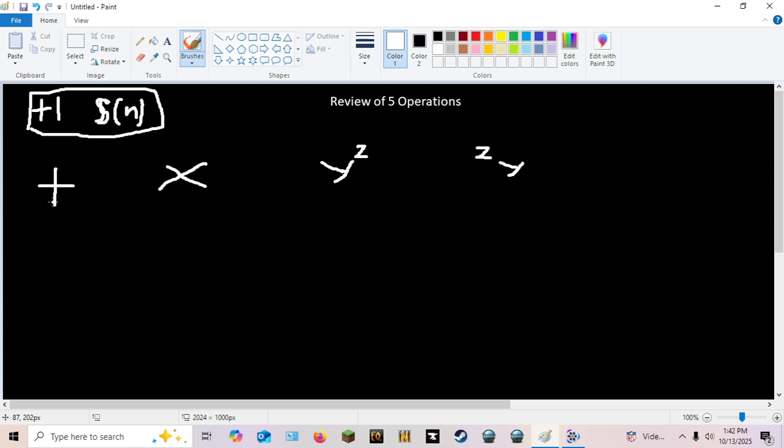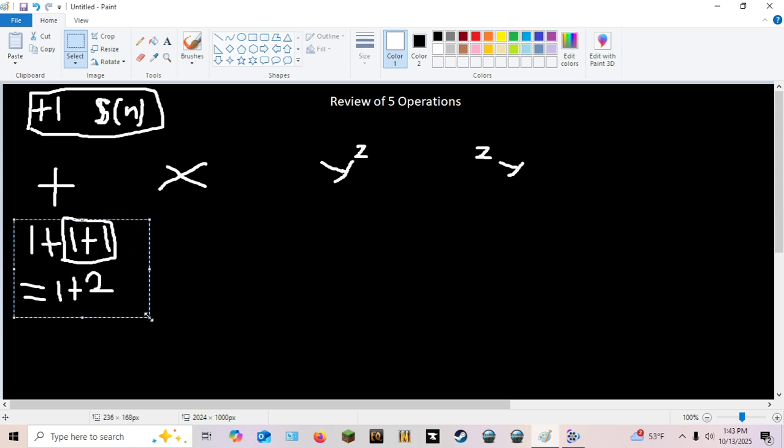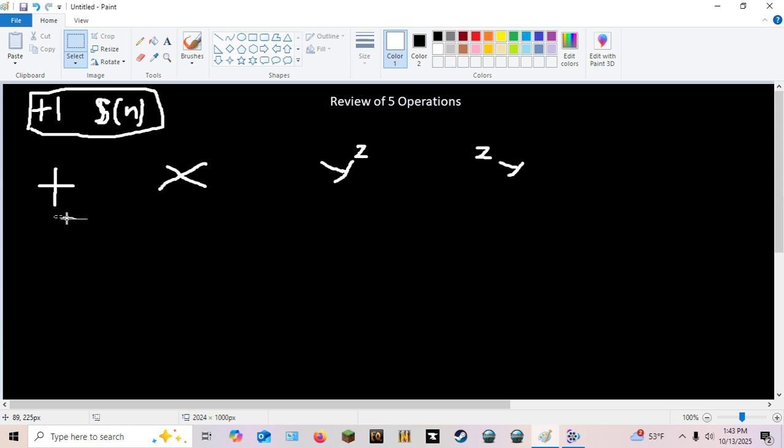Addition is repeated succession. So in this expression, what is 1 plus 1? What is 1 plus 1 plus 1 equal to? Well, let's compose 1 plus 1. 1 plus 1 equals 2, which equals 3. And yeah, it's basically repeated succession.